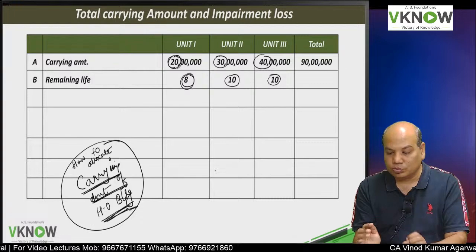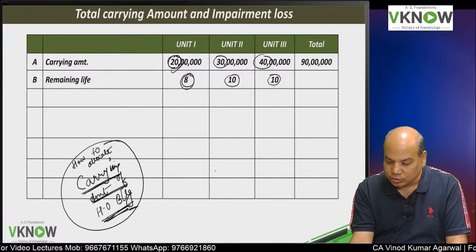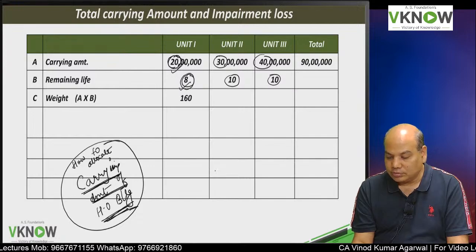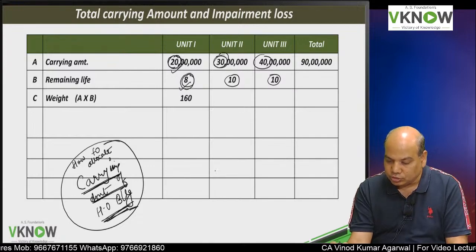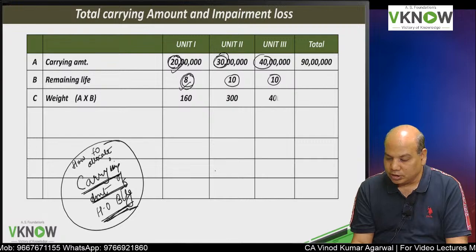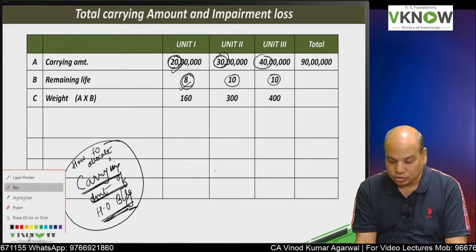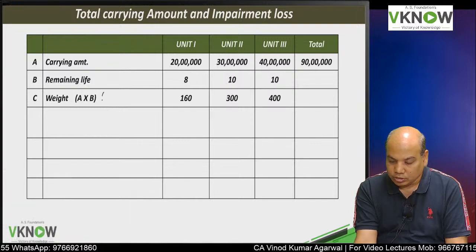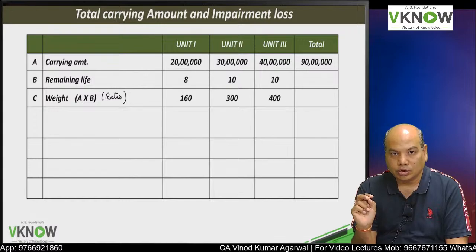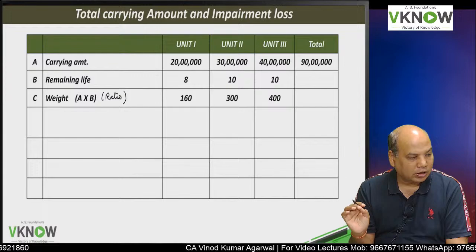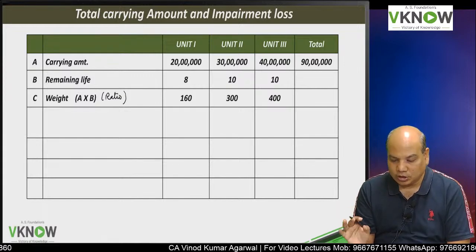So I will take 20 into 8, that is weight 160, 30 into 10, 300, and 40 into 10, 400. This is the ratio for allocation of carrying amount.